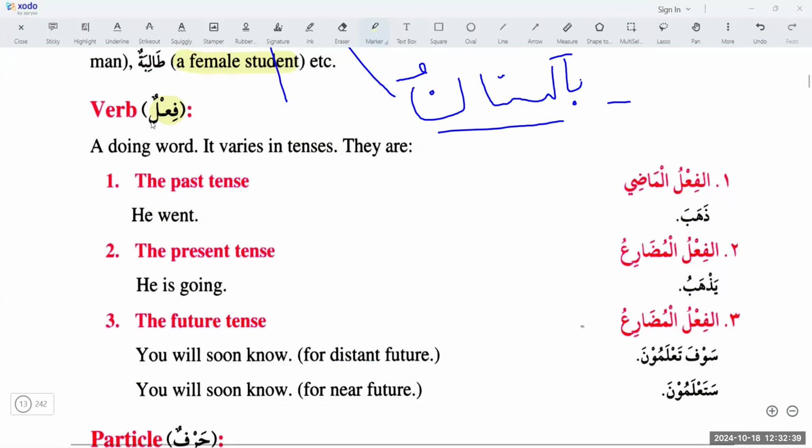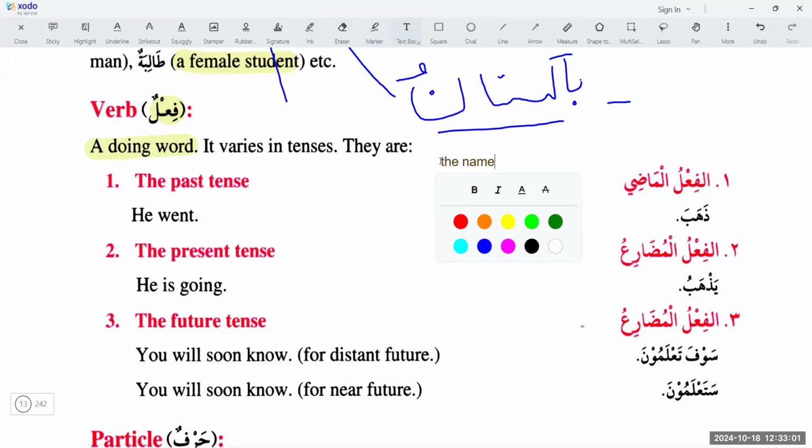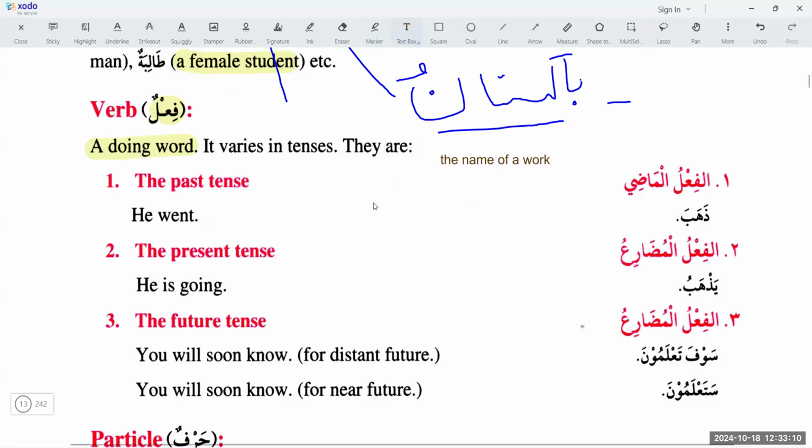Now we will learn about the verb. What is a verb? We call it fe'lun, a doing word. Or we can say the name of a work. The name of a work is called a verb.